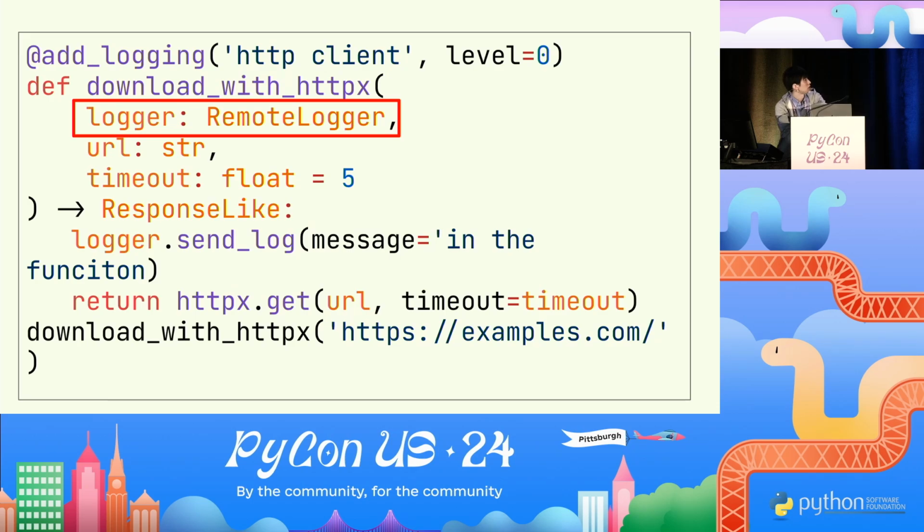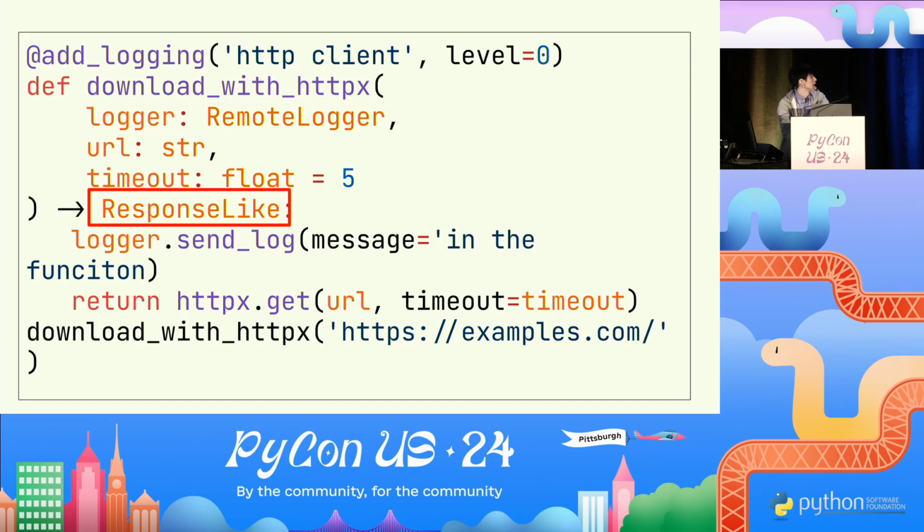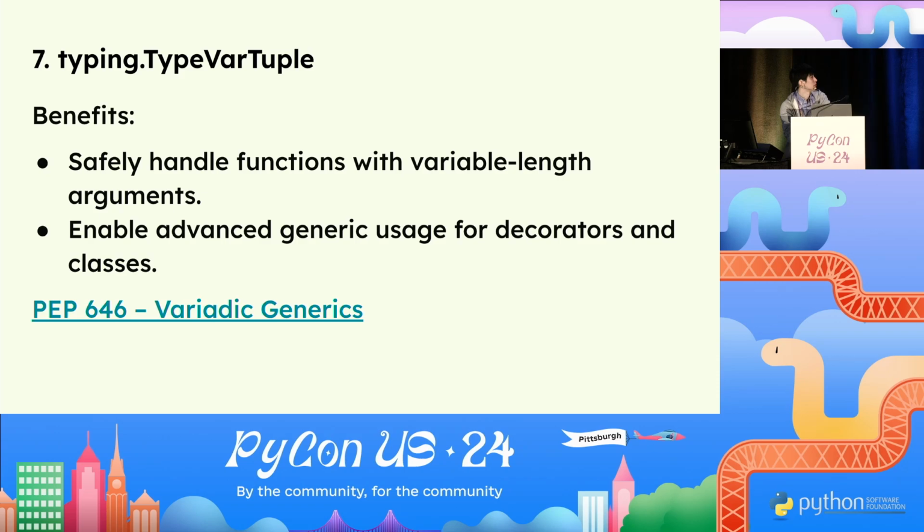After that, the function gets the logger, so the decorator injects the logger object. And it returns the response-like object. We use HTTPX here. Also, we can use requests.get or an original function and class. It's very useful.